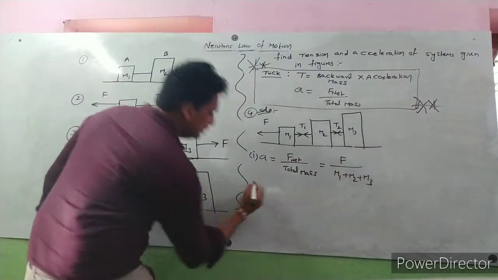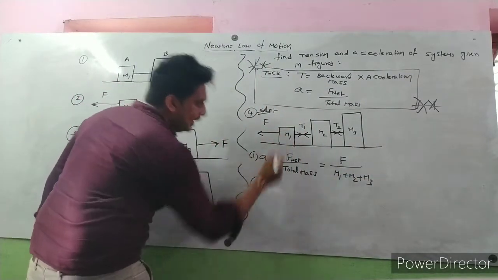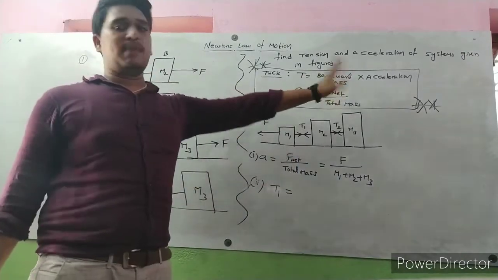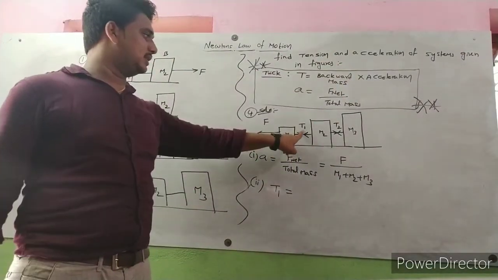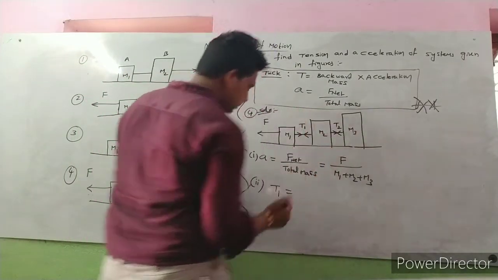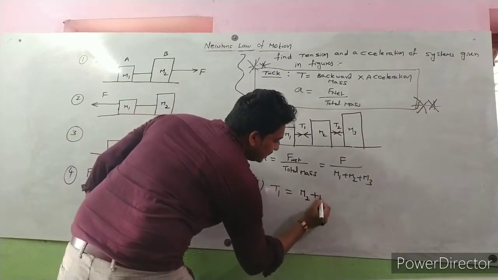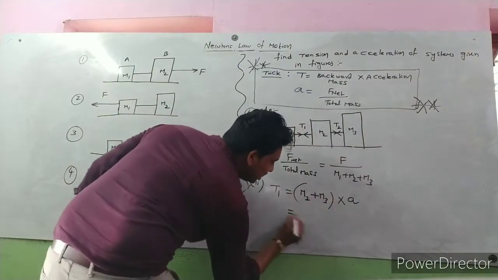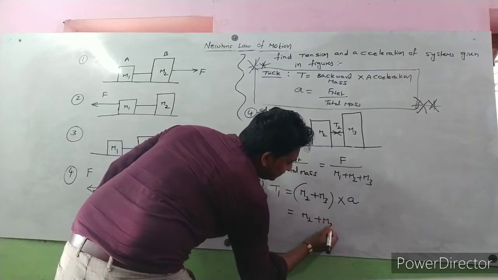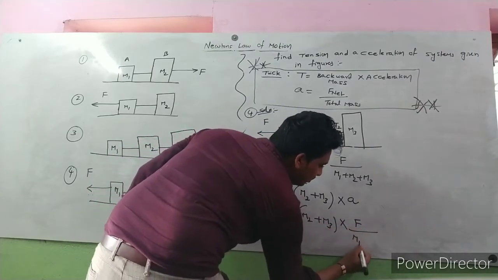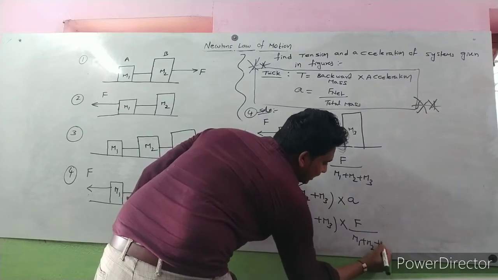Next, the second one. How to find tension T1? Tension T1 means backward mass into acceleration. What is the backward mass? Backward mass means m2 and m3. So that means m2 plus m3 into F by m1 plus m2 plus m3.